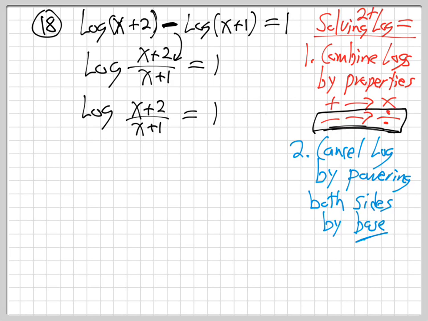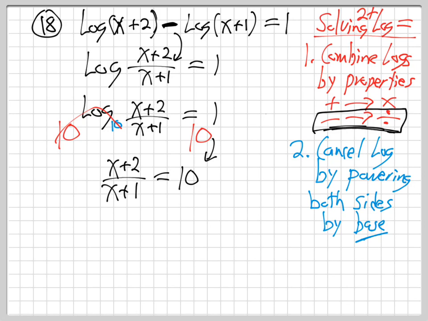I don't see any low down number next to the log. Well, there must be a little 10 there, right? If it's ln, the base is e. If it's the normal log word, the base is 10 when it's invisible. So I'm going to do 10 powered to both sides. And these cancel out, right? Powers are the opposites of logs. And so where does that leave us? x plus 2 over x plus 1 is 10 to the 1. 10 to the 1 is just 10.